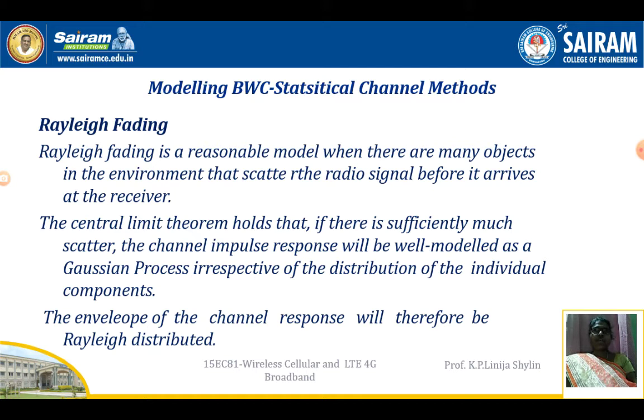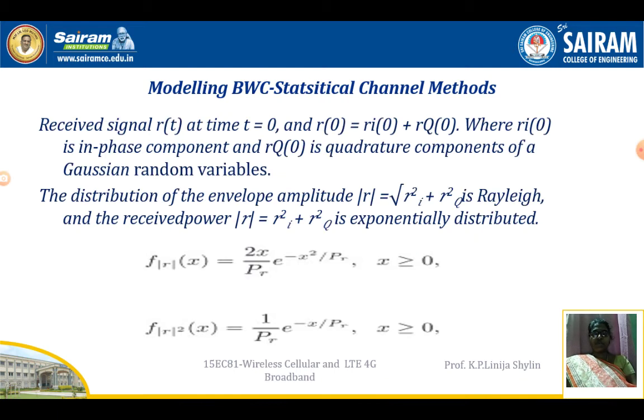Already we know that while transmitting a signal from transmitter to receiver, there is multipath: the direct line-of-sight path, and paths through obstacles, as we discussed in the last session. Here we give some statistical measurements by considering the envelope of the channel response, which is Rayleigh distributed.